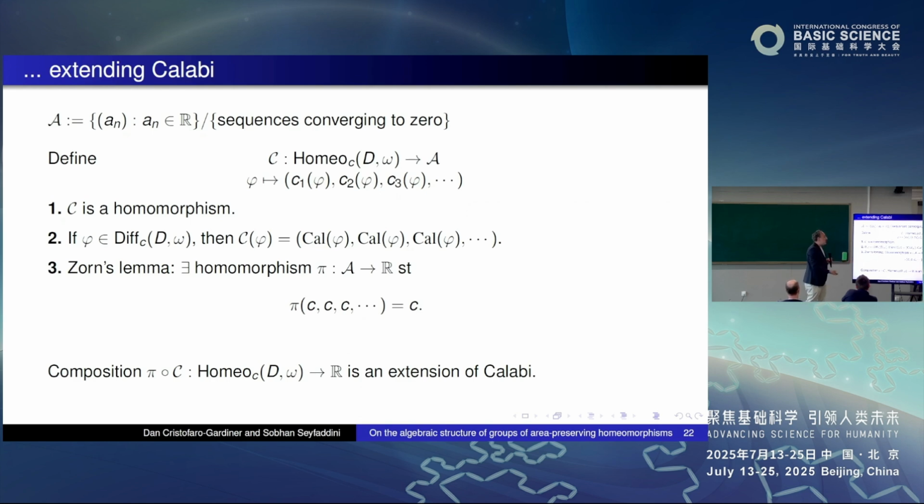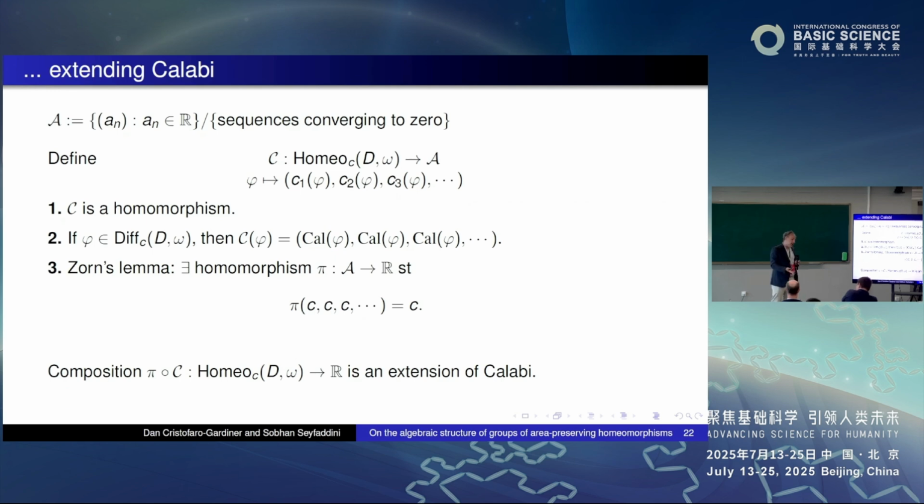So you could do it, but in fact, after the fact, it turns out that if you want an extension to R, you more or less have to do something like this. Because as Sobhan was saying, you should not be able to find continuous homomorphisms.